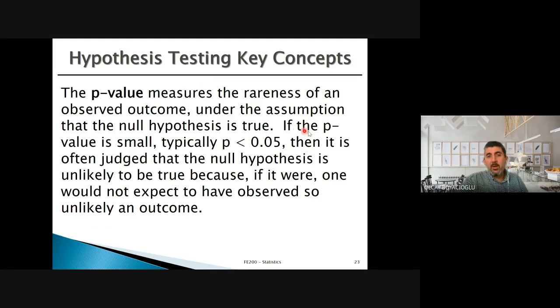All right? If the p-value is small, typically p is less than 0.05, then it is often judged that the null hypothesis is unlikely to be true. Why? Because generally we choose 0.05 as our threshold.